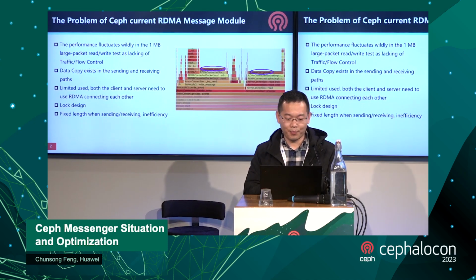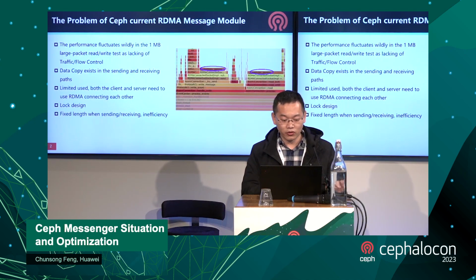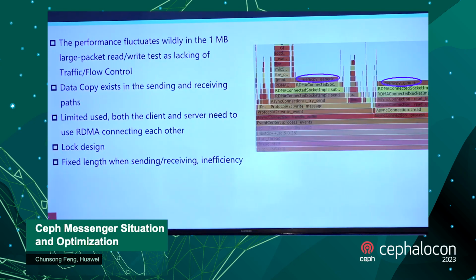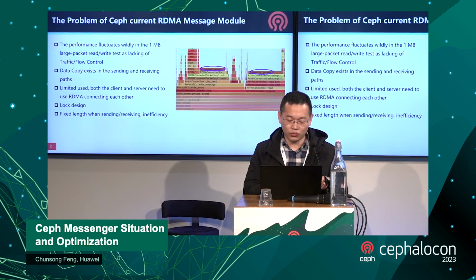What is the problem or shortcoming of the current RDMA message module? In our testing, we found that the current RDMA message module lacks traffic control, leading to widely fluctuating performance, especially in large packet read-write testing.